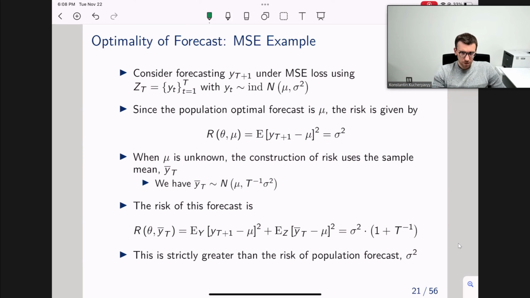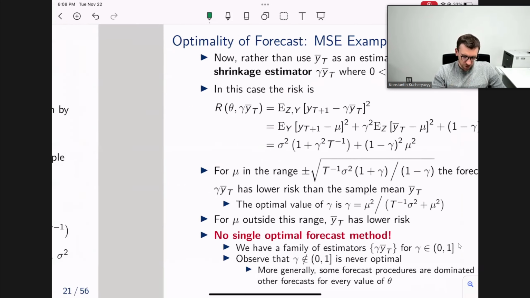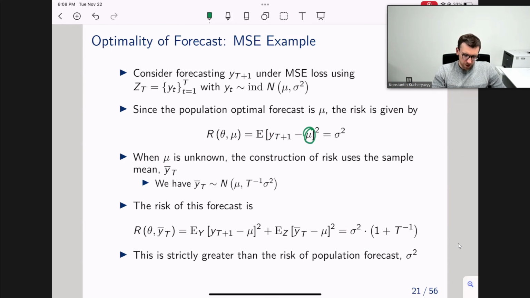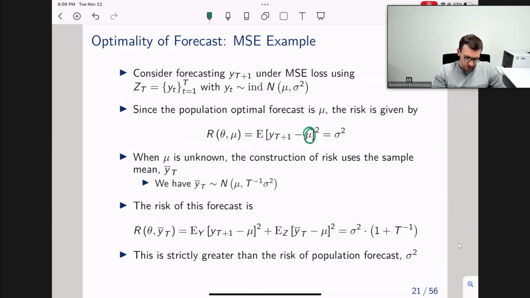Okay. So let me now do the following. Suppose for this mu, instead of this guy, we use gamma multiplied by the average as our estimate of the mean, where gamma belongs to [0, 1].